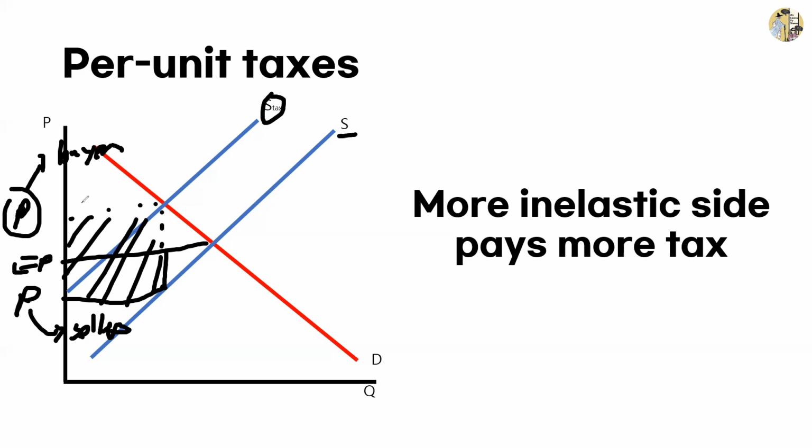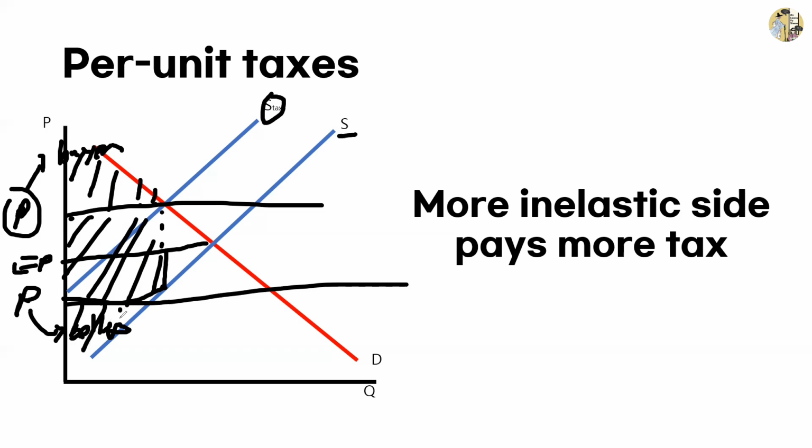So the price for the purchasers, consumers, or buyers is here, which means the consumer surplus is going to be this much, while the price sellers or producers get is here, so the producer surplus is going to be here. And now what happens to this area? This triangle that used to be consumer and producer surplus is now gone. So this is the deadweight loss of a per unit tax.